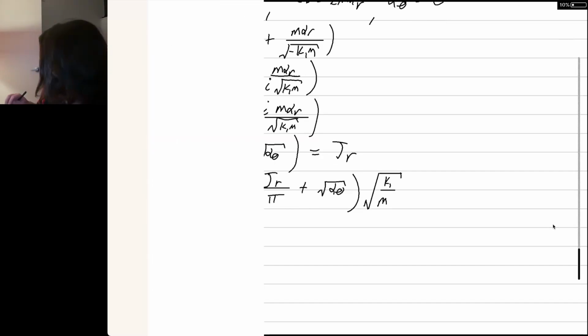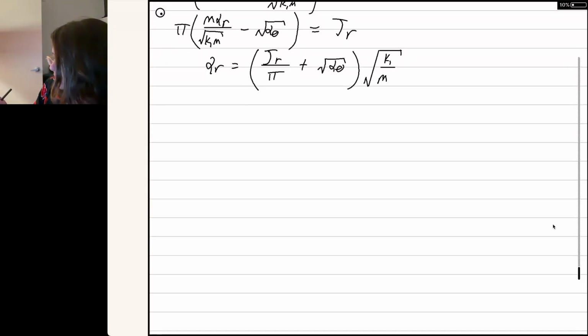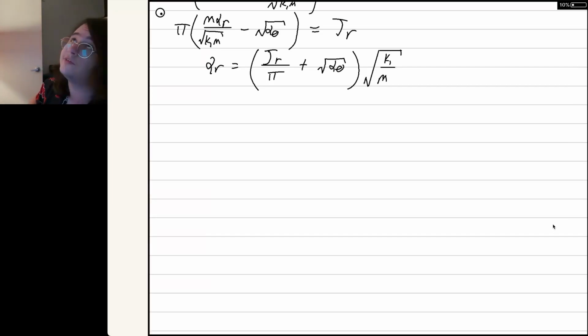Fantastic. Now we can put the Hamiltonian in terms of this stuff. So remember, the Hamiltonian ended up being equal to alpha r plus alpha z. So we're just going to add these up.